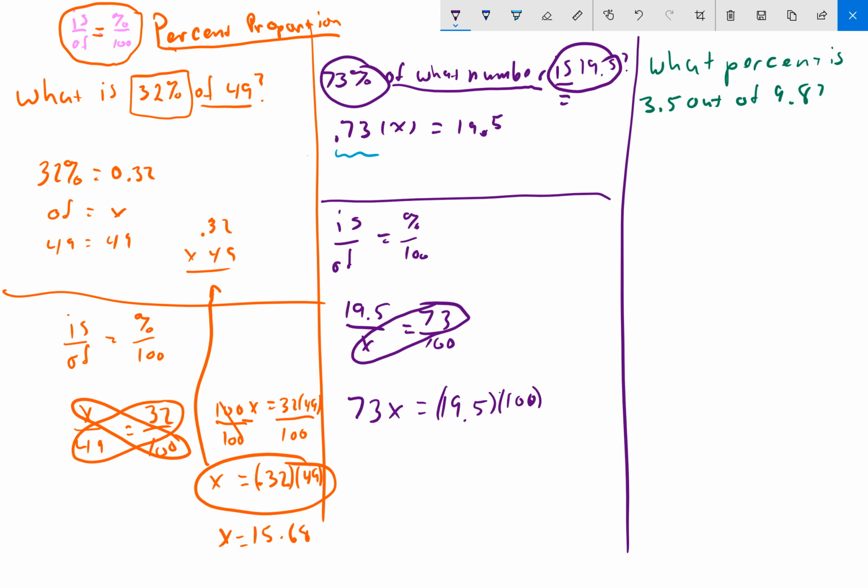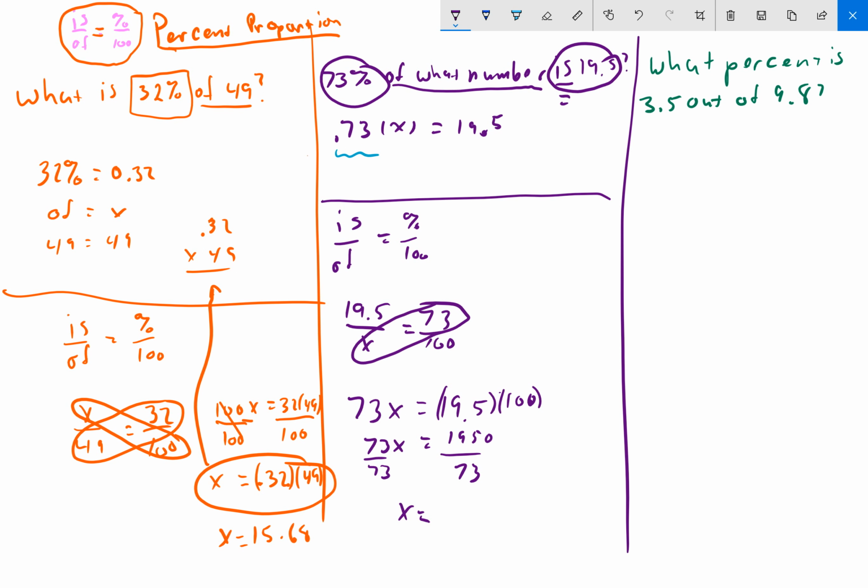All right, so now I'm going to multiply this. I get 73x equals 1,950. Divided by 73, I will get x equals, let's see, 1950 divided by 73 gives me 26.